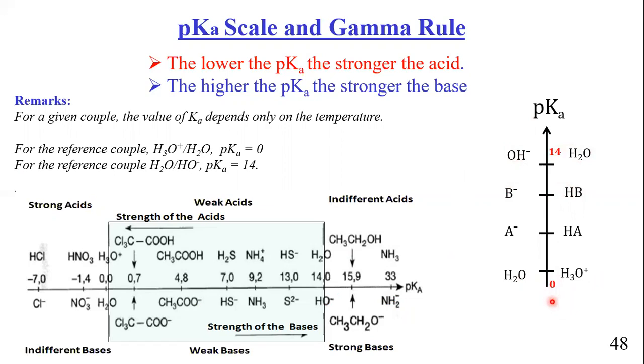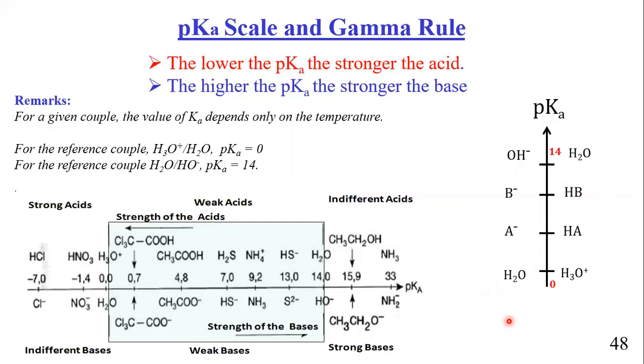Now, when do I use this scale, and when do I actually put this line in? And why do I need it? I actually don't. There's a rule that says a stronger base in a solution will always react first with the strongest acid in the solution. So I don't really need this to tell me who's the strongest base and who's the strongest acid. If I know the Ka values and the pKa values, I will know.